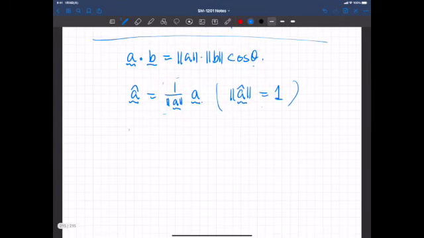Next, we define B parallel. Let's just define it first: a hat dot B, which is a real number, times a hat.